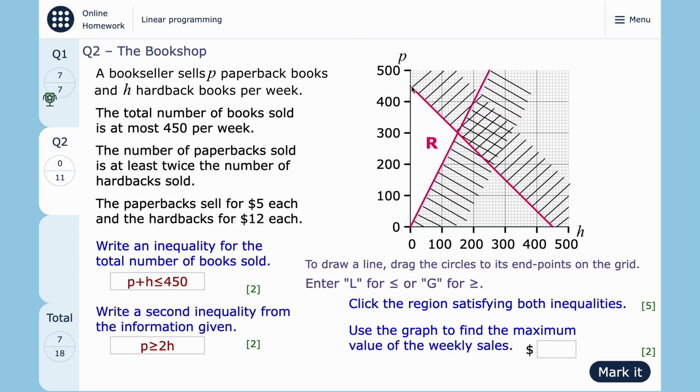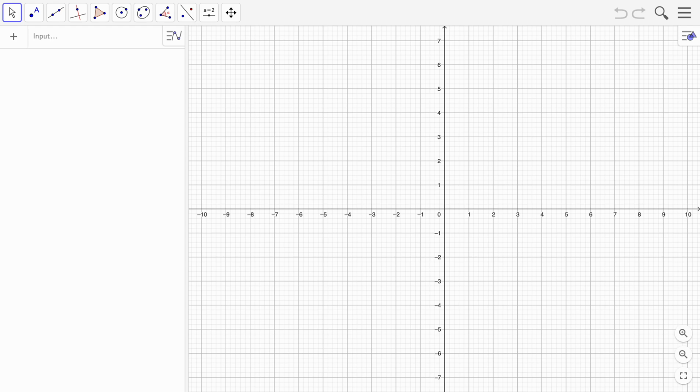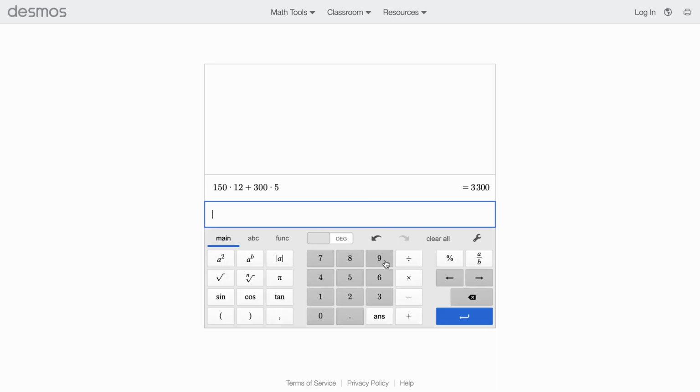Whereas if I was up here selling 0 hardbacks but 450 paperbacks, then that would be earning me 450 times 5, $2,250.